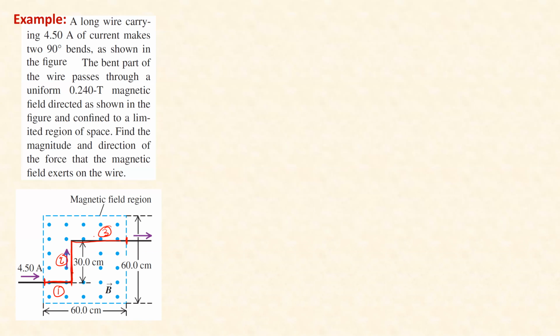And of course, the length of part 1 and 3 is not given, but doesn't matter because the direction of the forces are in the same. What is the direction of the force on part 1 and 3? Is it left, right, up, down, into the page, out of the page? The B field is out of the page.